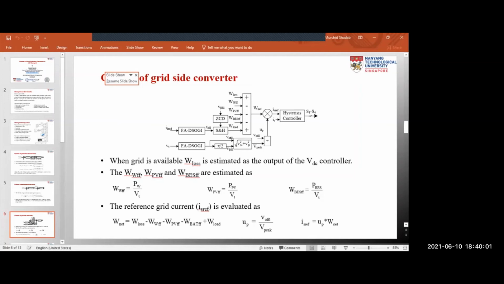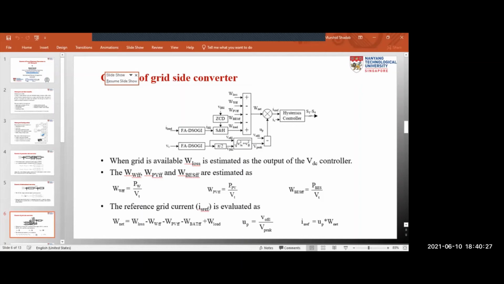The wind feed forward term is taken as the power of the wind generation divided by the terminal voltage. Terminal voltage is the RMS voltage of the grid. Similarly, we have calculated the PV feed forward term and the battery feed forward term. Then we generate the reference grid current, which is the product of the unit template and the net component.